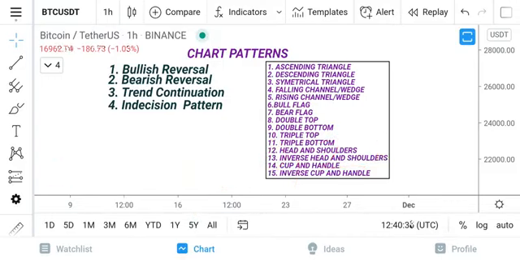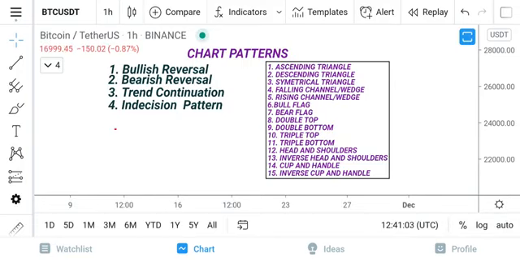If the price is above the 200 period moving average or 100 period moving average, you say the price is in a long-term uptrend. If the price is below it, you say it is a long-term downtrend.